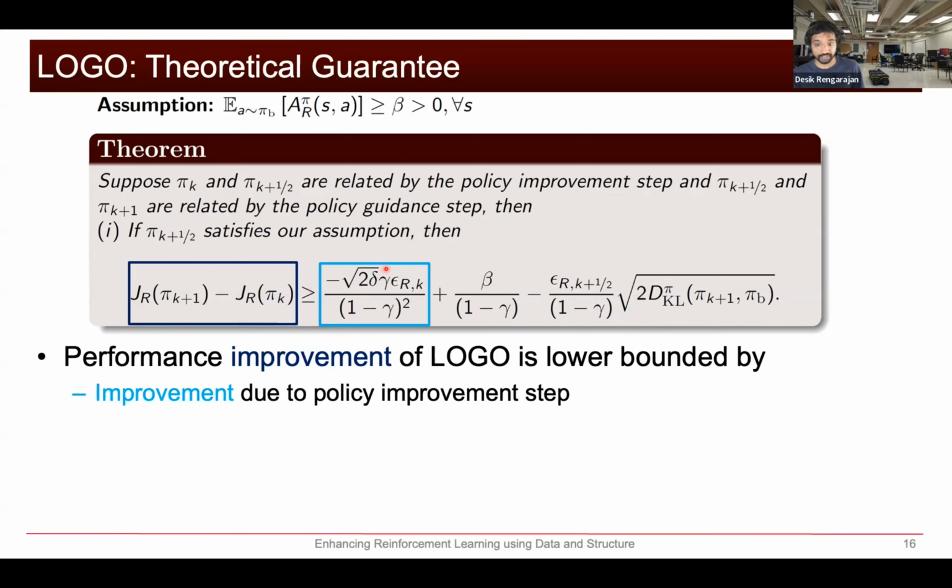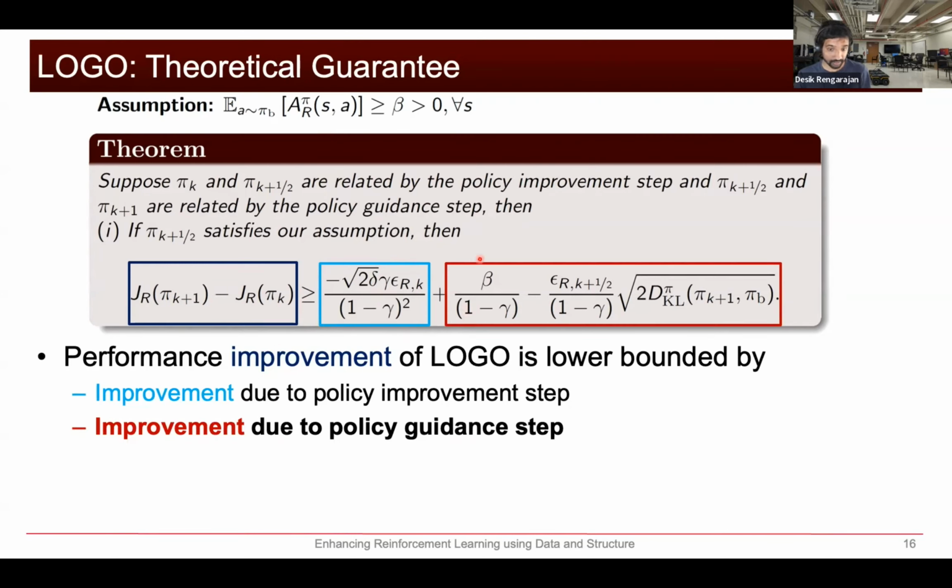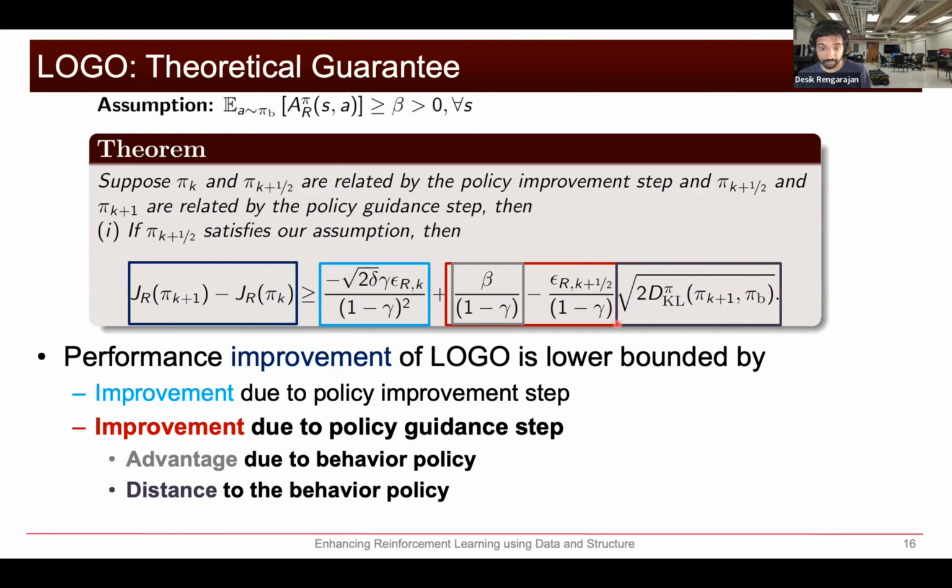The first term is the improvement due to the policy improvement step. And the second term is the improvement due to the policy guidance step. Note that the improvement due to the policy guidance step has two terms: the first being the advantage due to the behavior policy, and the second being the distance to the behavior policy. Our algorithm essentially tries to maximize this lower bound.